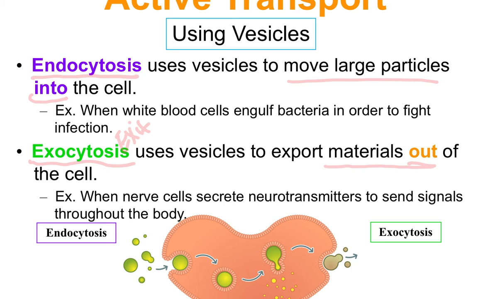Those neurotransmitters are created by cells, and we have to pump them out into the system so that they can move around and communicate with other cells, and that is called exocytosis. So, stuff exiting, exocytosis, stuff entering, endocytosis.